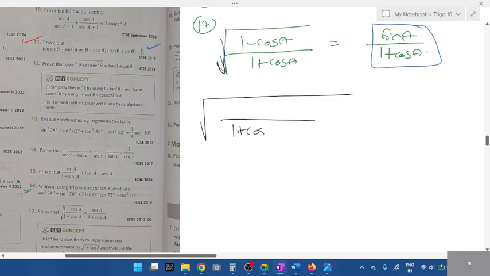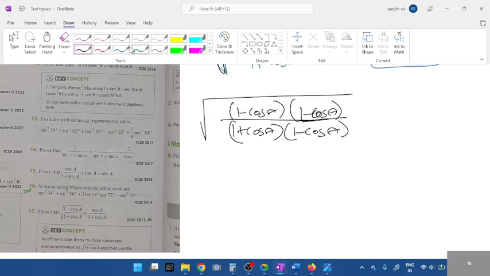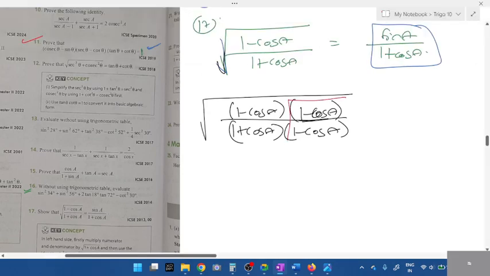Just remember this direct concept. 1 plus cos A is given. Multiply with the opposite sign. What is the opposite of 1 plus cos A? 1 minus cos A. And in the numerator we already have 1 minus cos A. Both numerator and denominator you have to multiply by 1 minus cos A. See, this is the value we need to multiply.